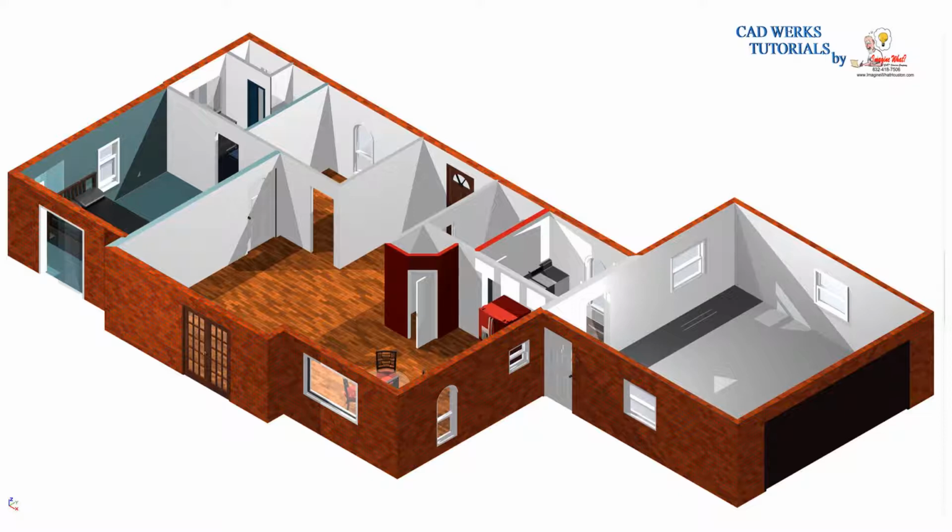Over in the bedroom here, this is actually a carpet texture, and I just colored it the same as the walls. Over in the garage is just a paint band, and I've got ceramic tiles on the floor of both the laundry room here, the guest bathroom, and the master bathroom.